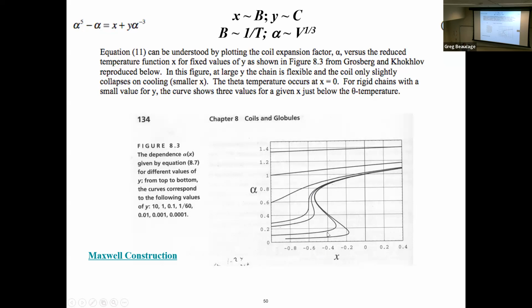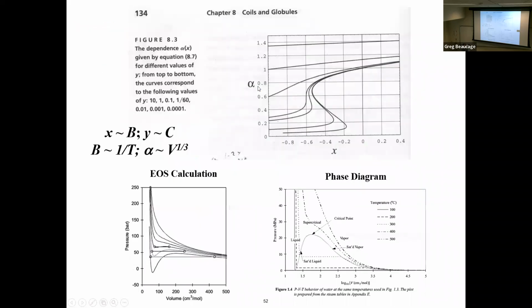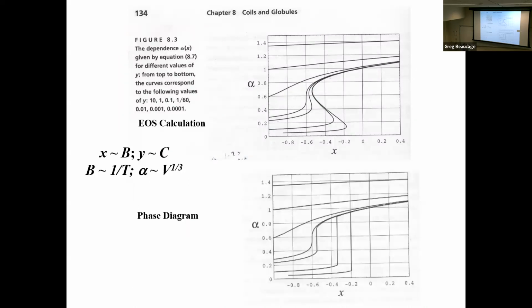So he has a region where you do a Maxwell construction, you get two equilibria, a big coil expansion and a small coil expansion. So it's separating between expanded coil and collapsed. Right. And he says that's a first order transition. It'll be a heated transition for that. So he draws a line between those. And if you're in this other region of temperature, or alpha, you're going to get this second order transition, which is a gradual change of coil expansion.